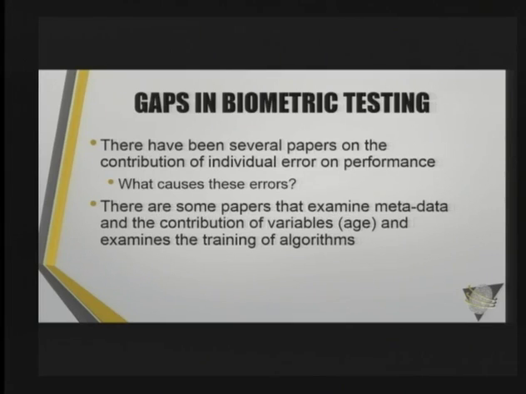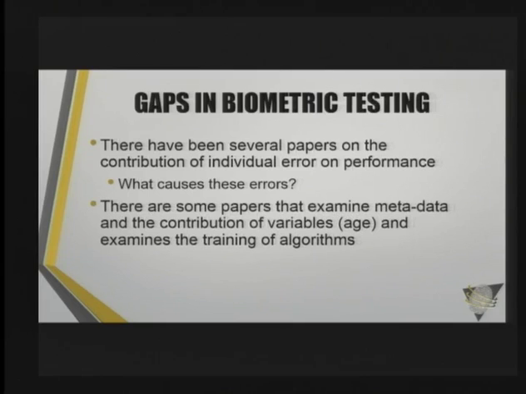We've been looking at the individual contribution to error on performance. So if we have a whole set of individuals in here, and we get a series of curves, typically receiver operating characteristic curves or DET curves, it's a trade-off curve between false accept rate and false reject rate. I'll get a curve.